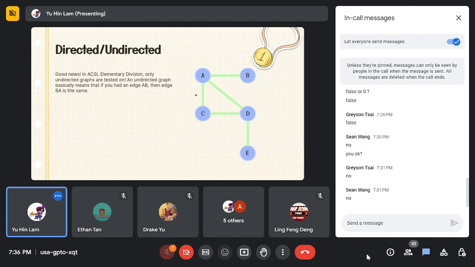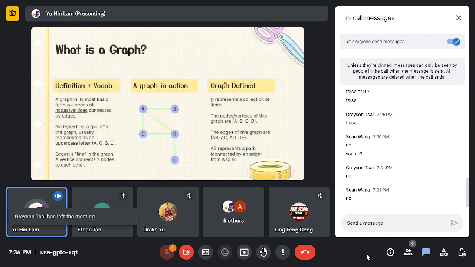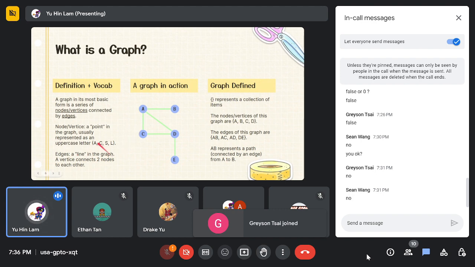So I just went through a little basic vocabulary, and how we have nodes or vertices and edges. Our nodes or vertices would be our dots or our points, and our edges would just be our lines. An edge is the thing that connects two dots together.